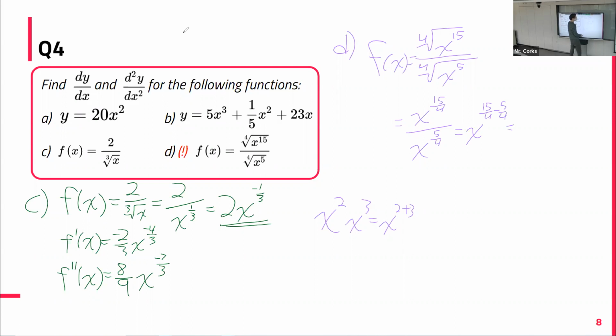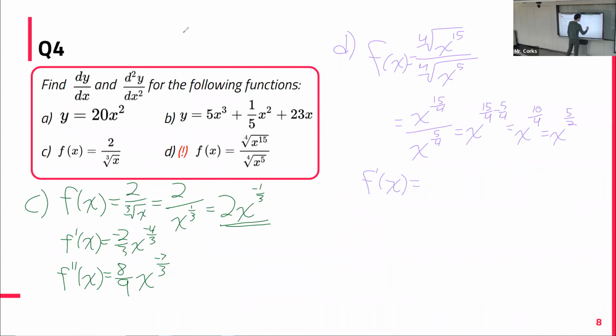And then we just simplify that. So that's x to the exponent 10 over 4, x to the exponent 5 over 2, like this. Okay, so now it's reasonably simplified.